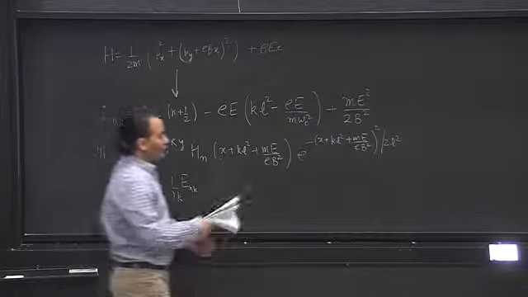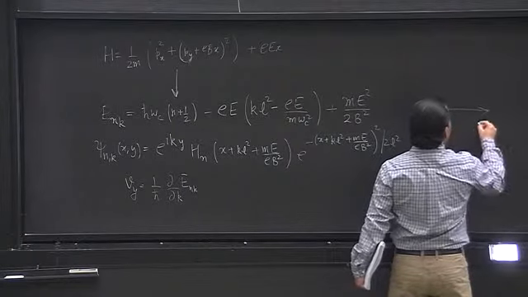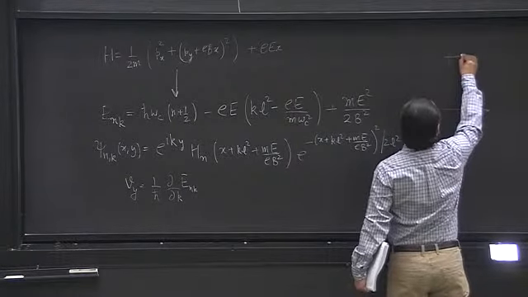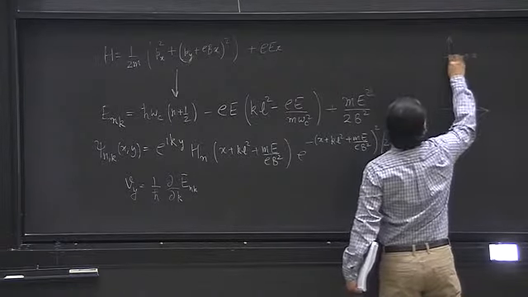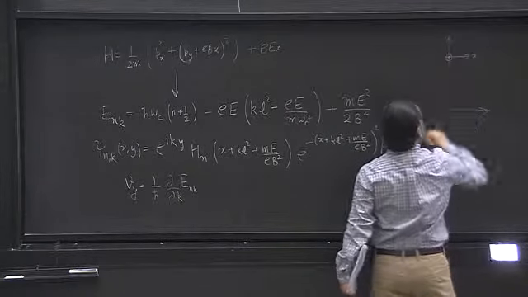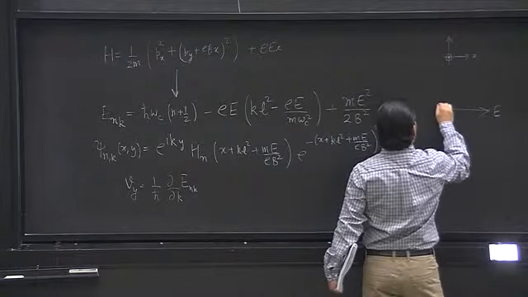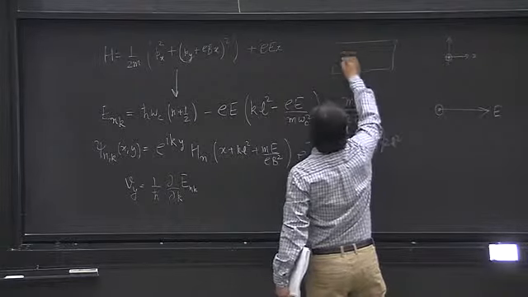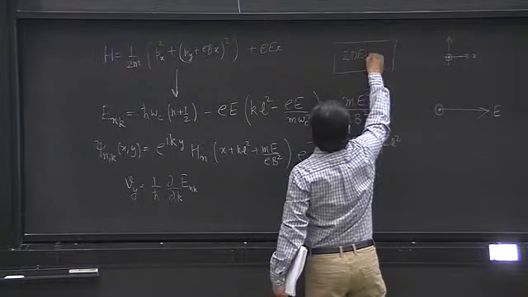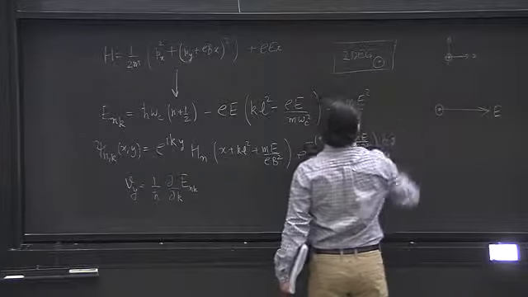This is very crucial. Let's see the direction of this velocity. So we have an electric field. Let's choose these coordinates, x, y, and z out of the board. So the electric field is in the x direction. The magnetic field is out of the plane, in the z direction.